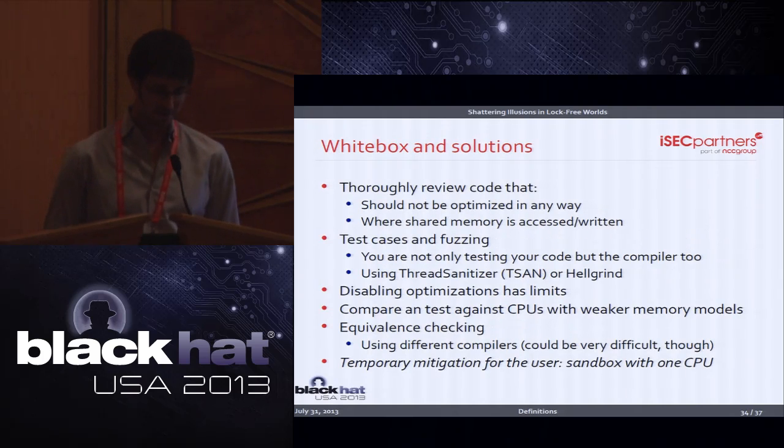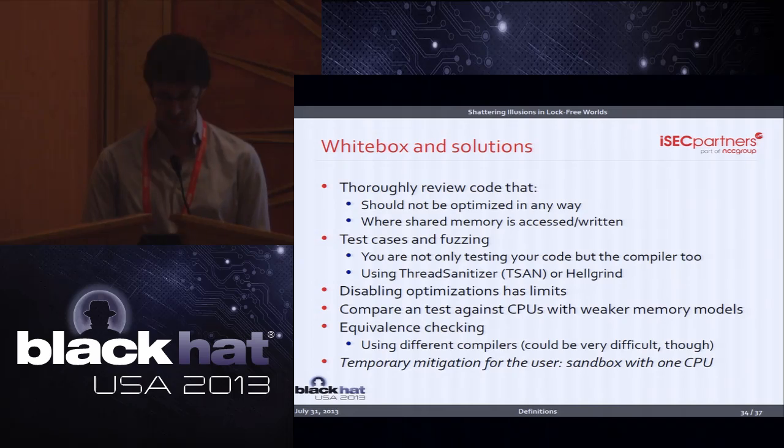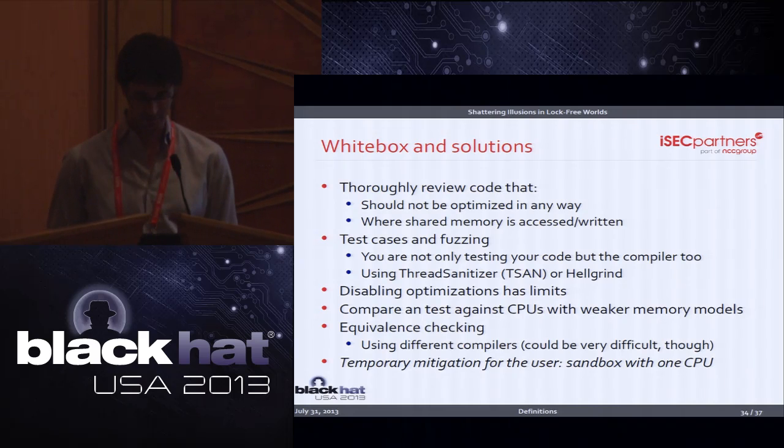So if you have the code, you should make sure you understand well all of the various memory models and thoroughly test code that should not be optimized in any way. If you are a developer, you should consider using locks where you can if you're unsure about some of the memory models of the language. In terms of testing with the code, you should probably write as many test cases as you can and use a thread sanitizer.